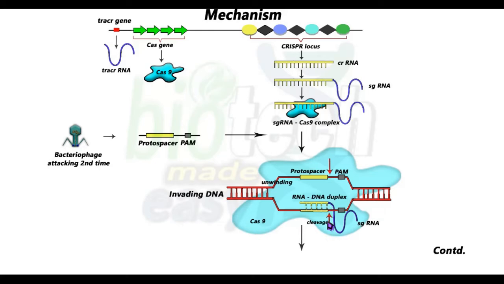They will cleave both the strands, and the double-stranded break will be formed at these points, which I have shown here by the red colored arrows. So at these points, which are adjacent to PAM, at this particular point and at this particular point, the DNA will be cleaved. Let's see how this RNA and DNA duplex is cleaving the sequence.